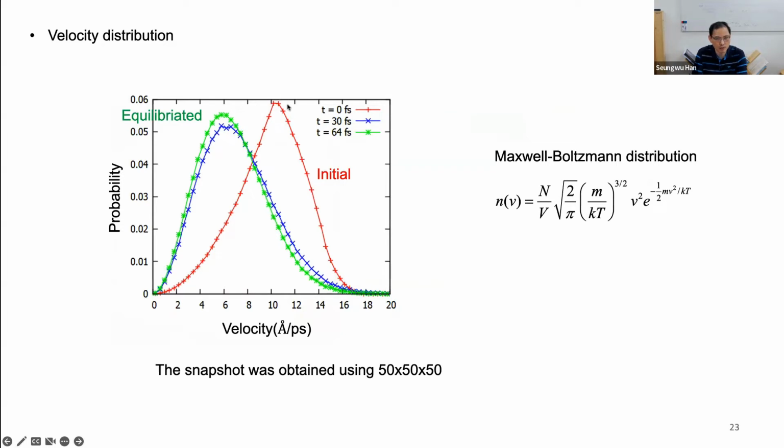This is the initial velocity distribution, but within less than 100 femtoseconds, it quickly equilibrates, or its distribution converges into a certain form, and that is nothing but the Maxwell-Boltzmann distribution, which is given by statistical mechanics. All right. So the simulation, it is obvious, follows these statistical mechanics.